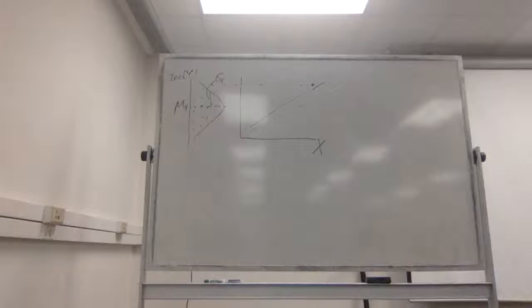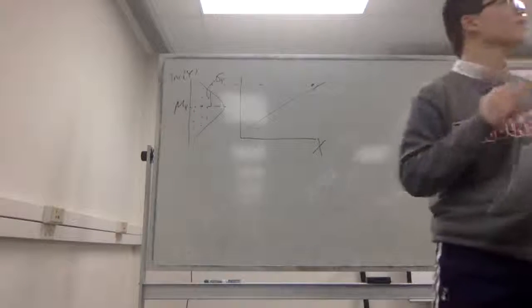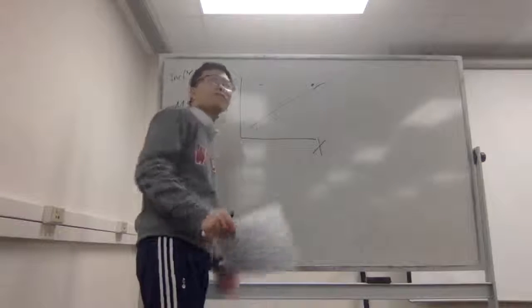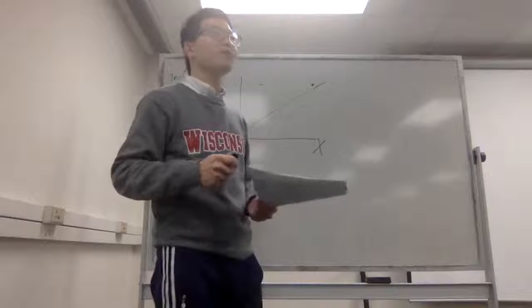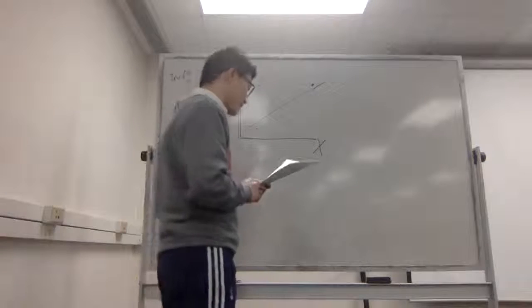If you are talking about putting logs into X variables and stuff like that, then yes, it can be a linear regression, but the interpretation gets a little bit trickier in that sense. Good. Any questions? Nope. All right. Good.